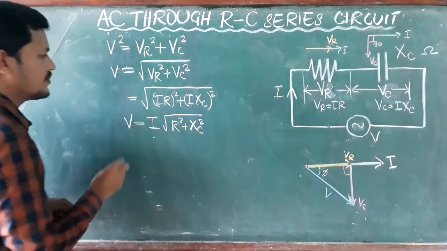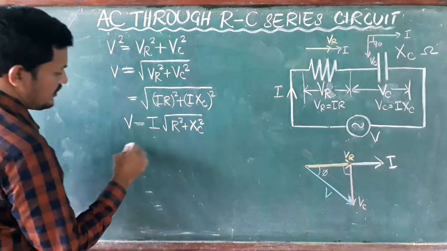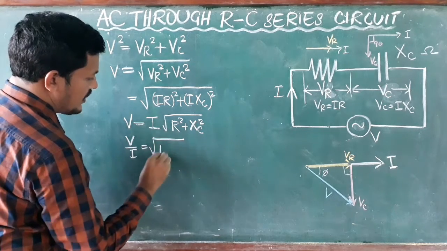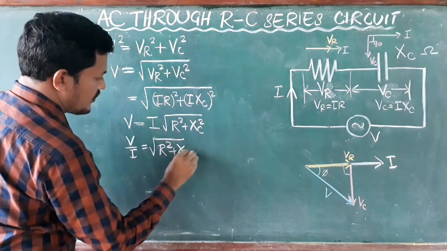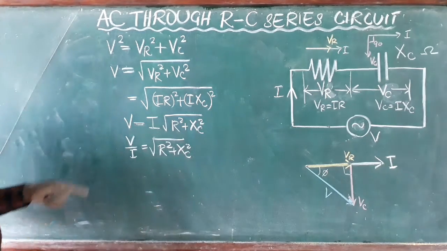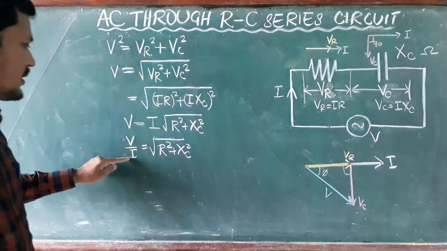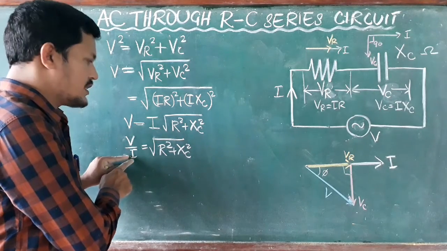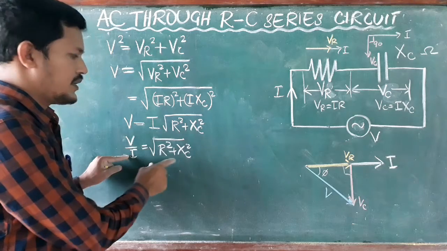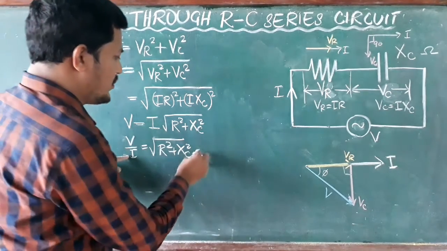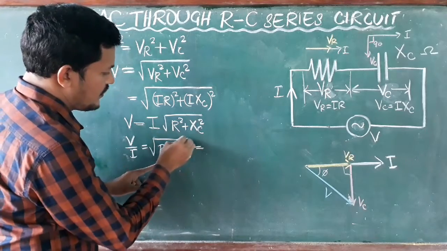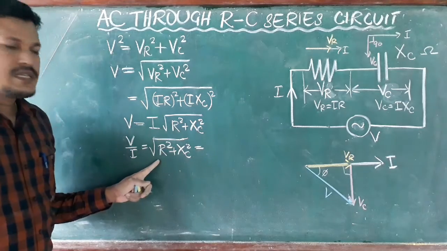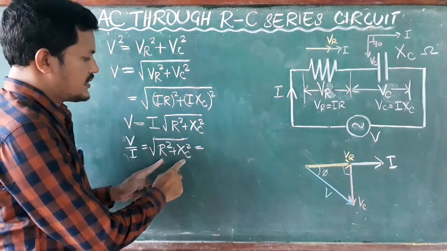Taking I on the left-hand side, V by I equals root of R square plus XC square. Now we know that V by I is the total voltage divided by the total current, so it is the total opposition offered to the flow of current in the RC series circuit, root of R square plus XC square.